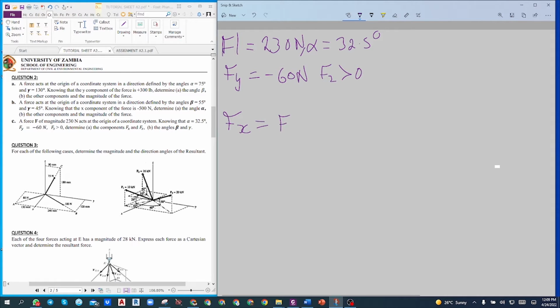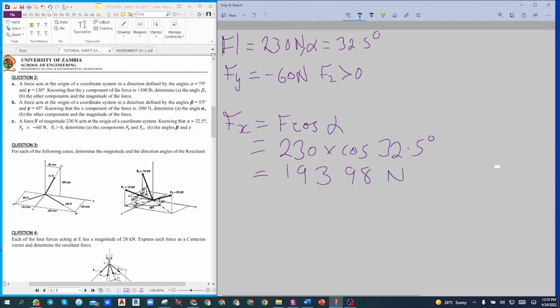Fx is equal to F cos alpha, which is equal to 230 times cos 32.5 degrees, and this will be something like 193.98 newtons.